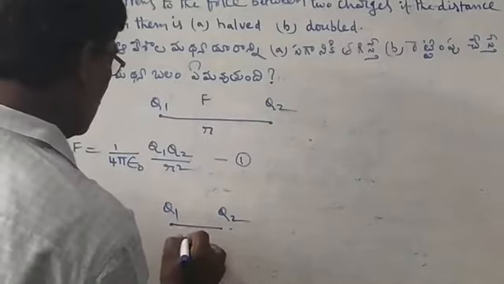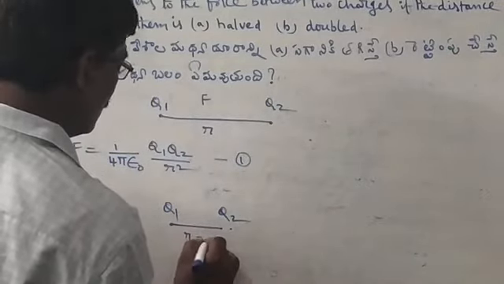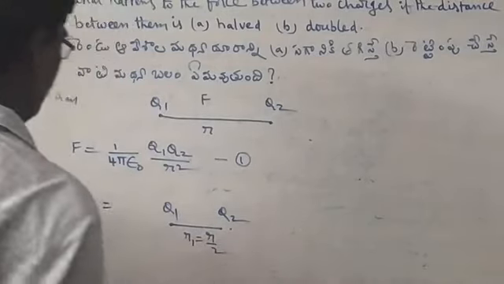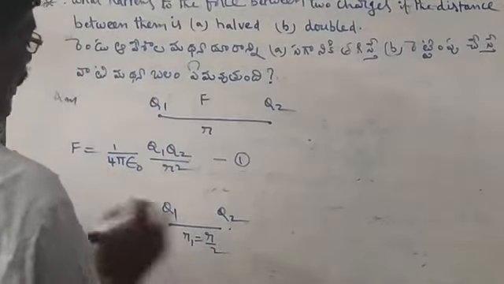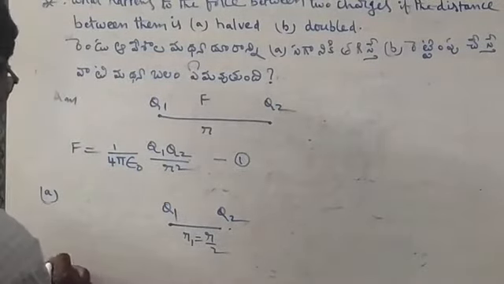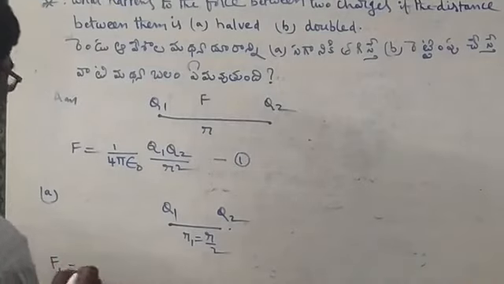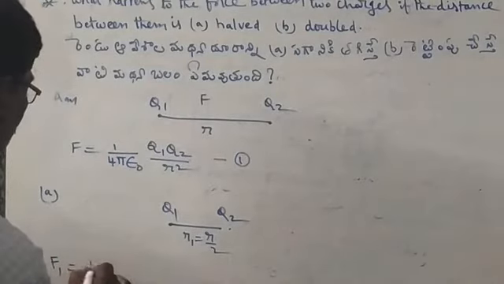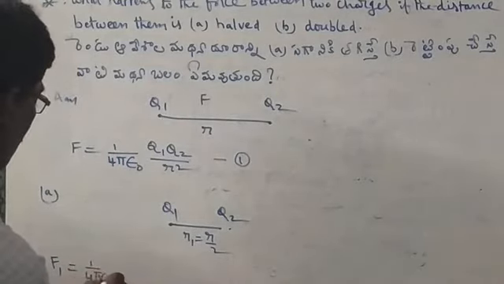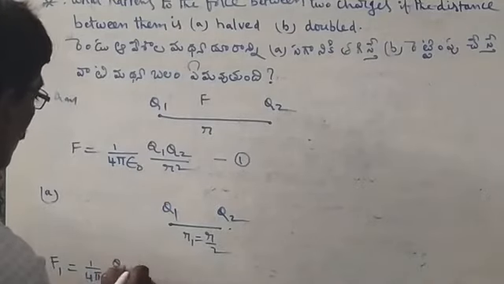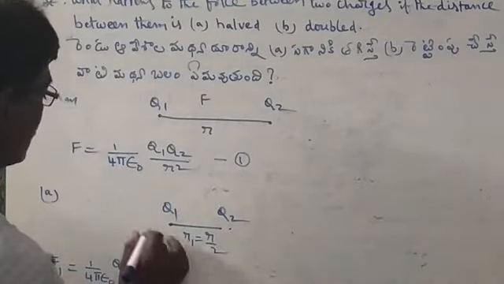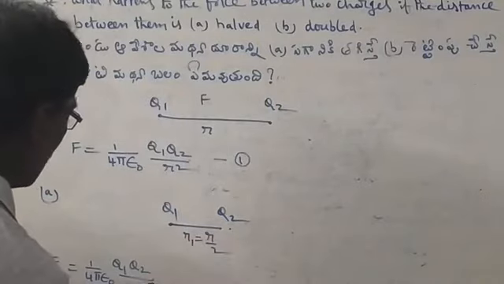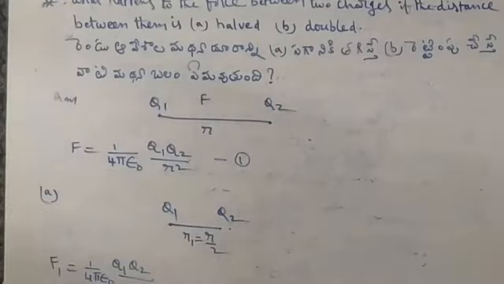That means in our first case, R1 is equal to R by 2. Therefore, the force between them, F1, is equal to 1 by 4 pi epsilon naught into Q1 Q2 by R1 square. The distance between Q1 Q2 in our first case is R1, and R1 is equal to R by 2.